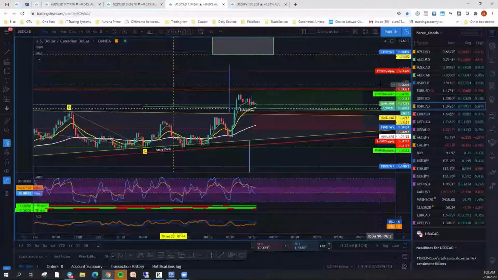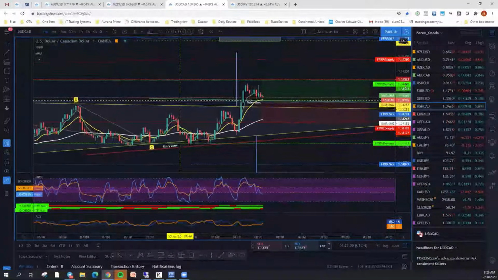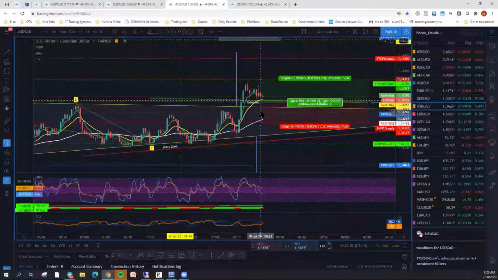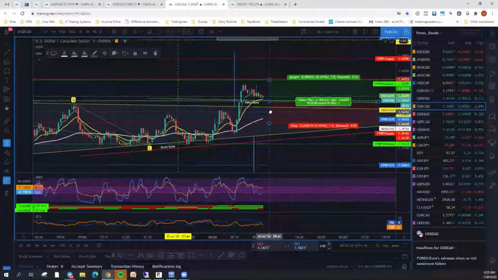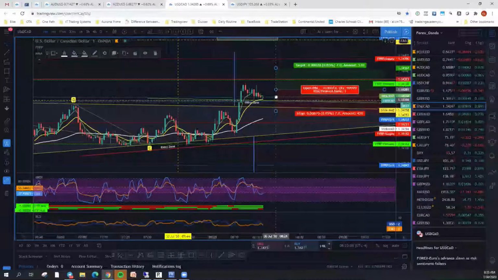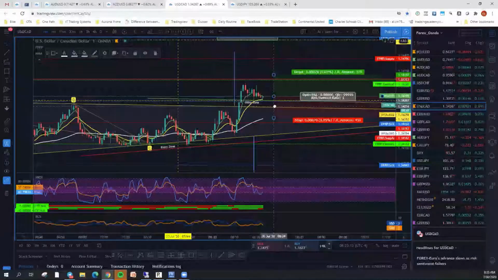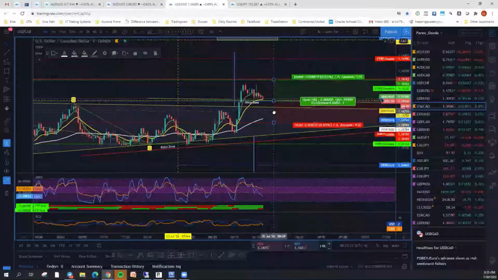But what's really important to know about the stick is that if the stick is longer than 10 pips, then guess what? Take your take profit at 10 pips. You don't have to go the full length of the stick. Then you're increasing your probabilities that it gets to your target. So if your stick is like 14 pips long and you want 10 pips, then try for the 10 pips.